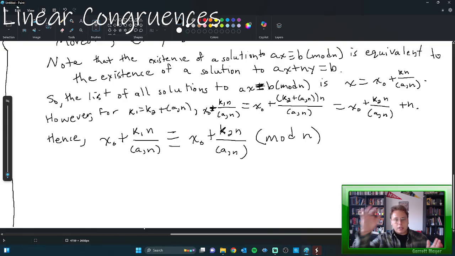It just cycles through this list of GCD of a and n solutions.